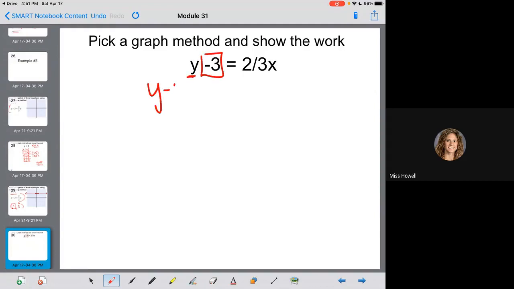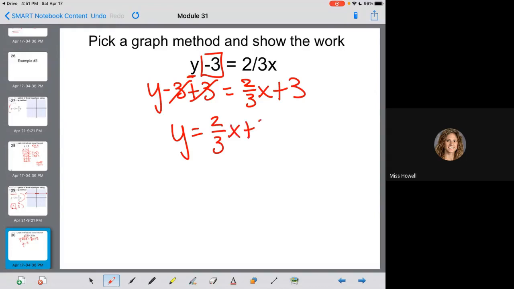So y minus 3 plus 3 equals our 2/3 x plus 3. All right, cancel. And now we see that it's in its simplified slope-intercept form. So our slope here is 2/3, or a -2 over -3, and our y-intercept is at +3, or (0, 3).